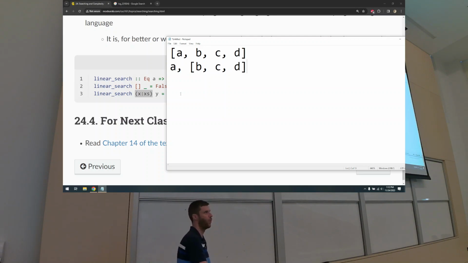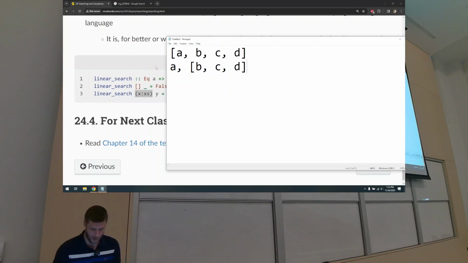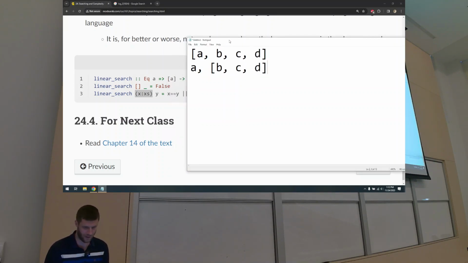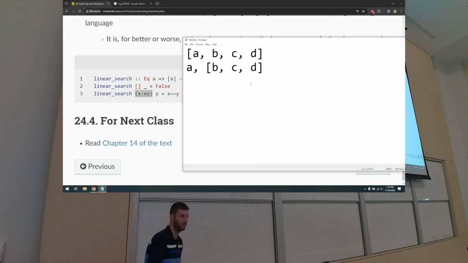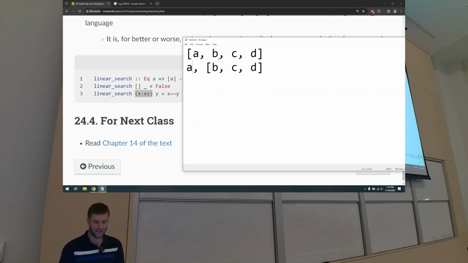All right? Y is the thing I'm looking for. So if I ever see a list that's not empty, and the thing I'm looking for, then what I'm going to do is I'm going to check, does X equal Y? Does X equal A? Or sorry, does Y equal A? Is A the thing I'm looking for?